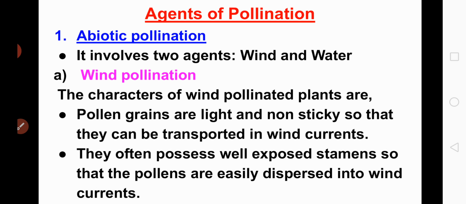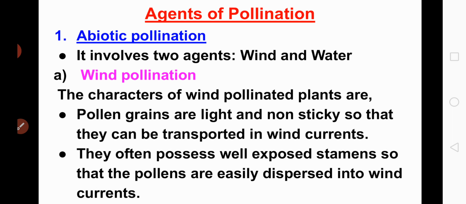So now coming to the next topic, agents of pollination. The agents which bring about the pollination process are called pollinators. Once again, the agents which bring about pollination are referred to as pollinators. In pollinators there are two types of agents: abiotic agents and biotic agents.